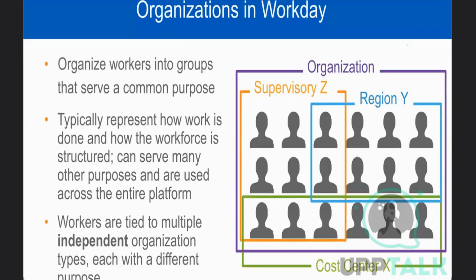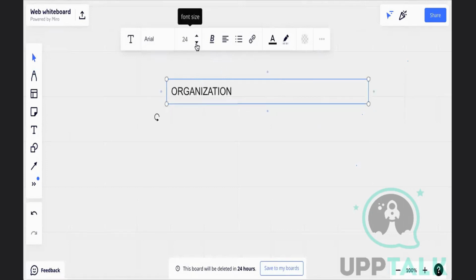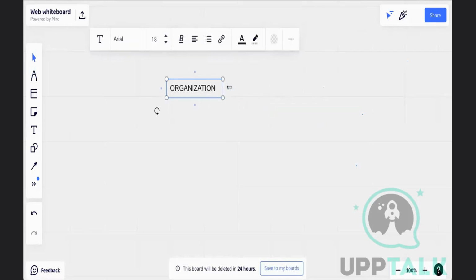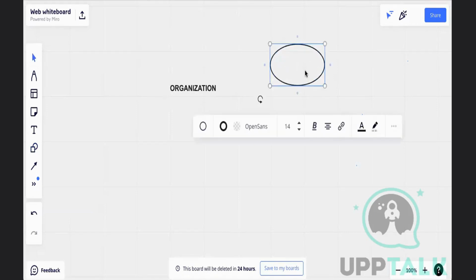I can help you with that. Just type in organization, like make a note of this. Oh, that's too big. All right, and then supervisory organization, something similar to this.